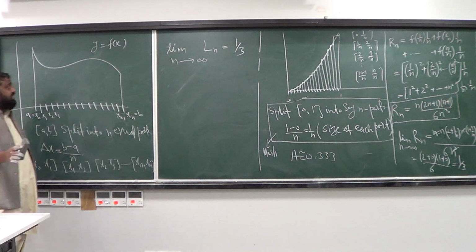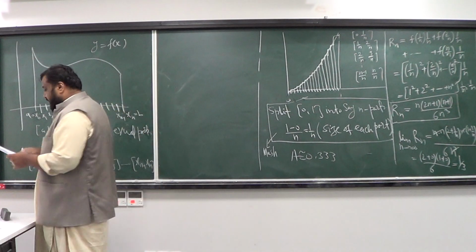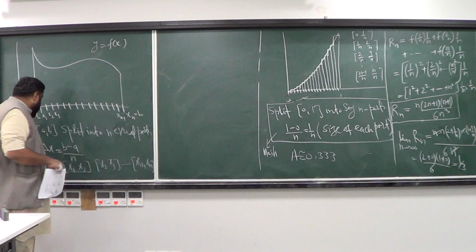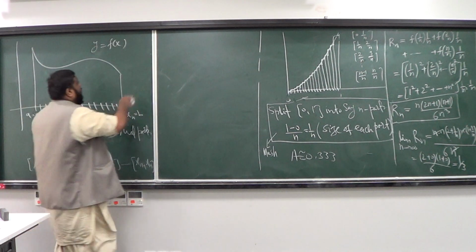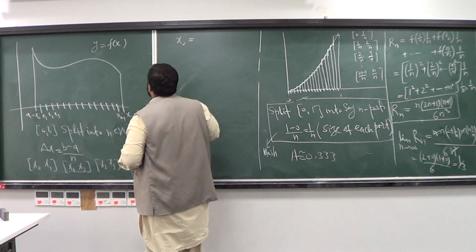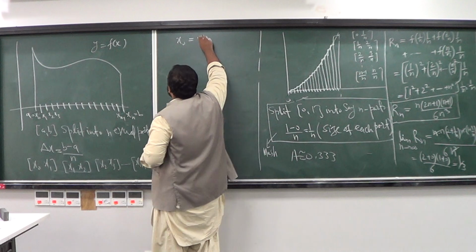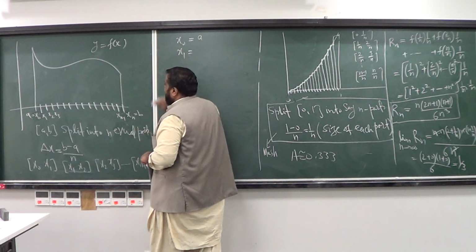Okay? By the way, you can also write these x0, x1 in terms of delta x and a and b. How? What is my x0? So my x0 is really a. Now what is my x1?